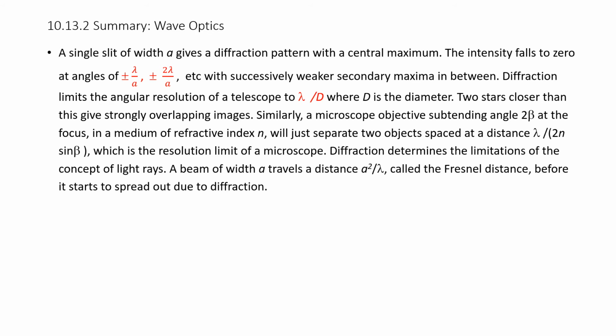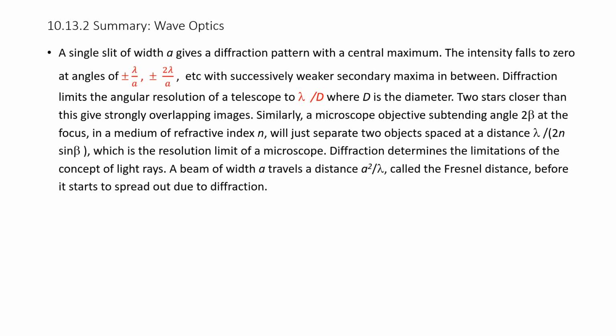Diffraction limits the angular resolution of a telescope to lambda by D, where capital D is the diameter. Two stars closer than this give strongly overlapping images. Similarly, a microscope objective subtends an angle 2 beta at the focus in a medium of refractive index n.